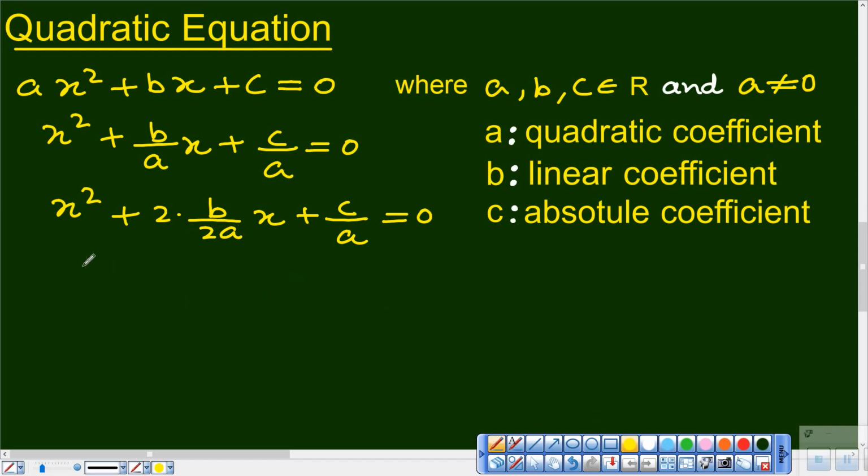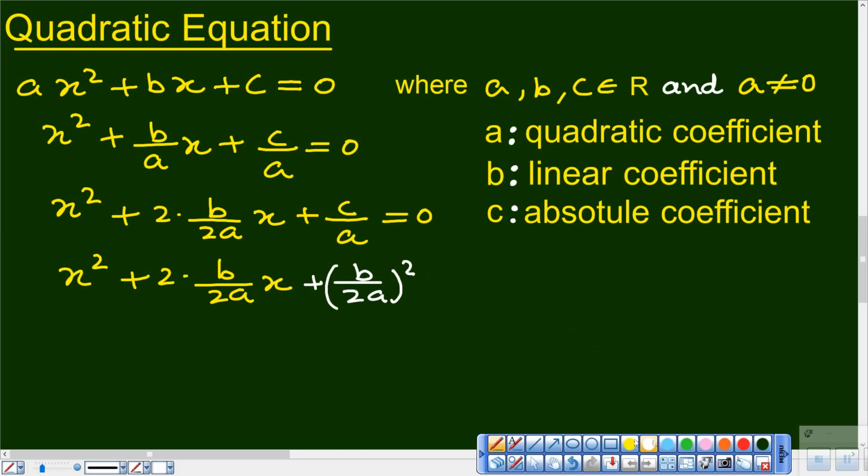What do we do? I write it as x square plus 2 into b upon 2a x plus the missing entry to make a perfect square. What is the missing entry? It is b upon 2a whole square, because this will make it a square plus 2ab plus b square kind of expression.